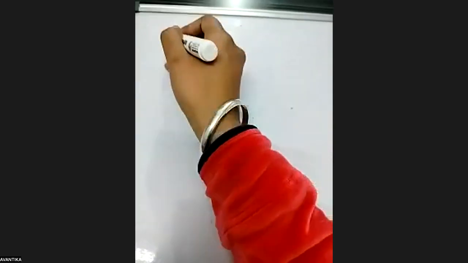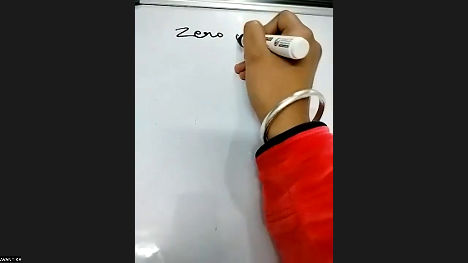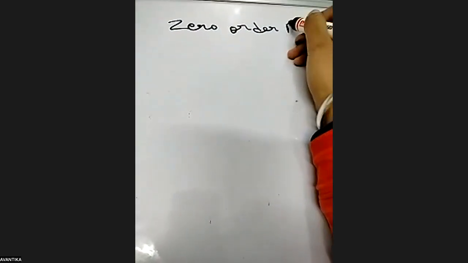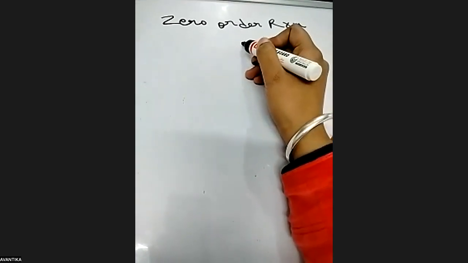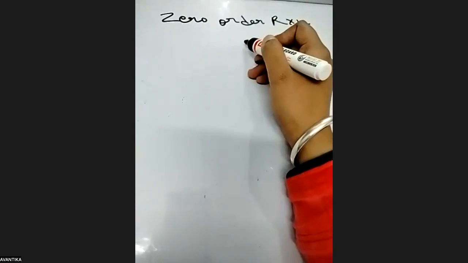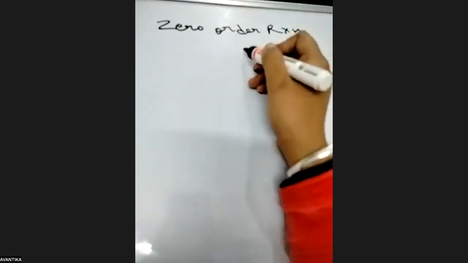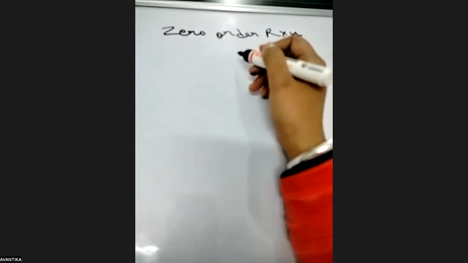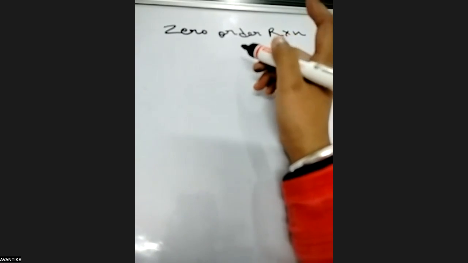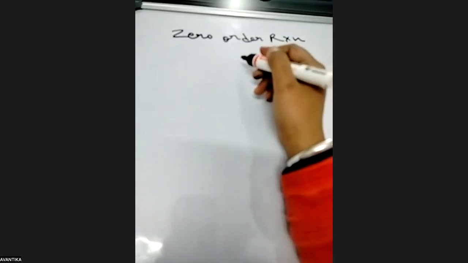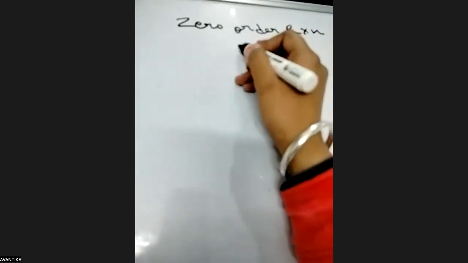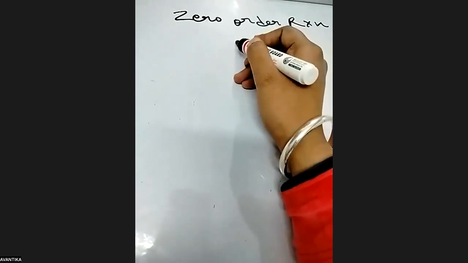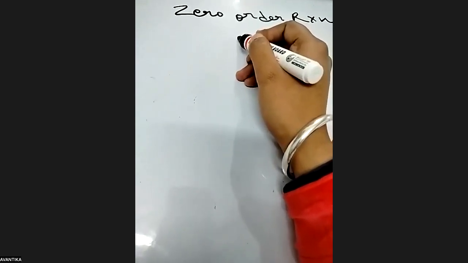Sir, for zero order reaction, we can give the example of decomposition of ammonia, and also the reaction in which light is used.